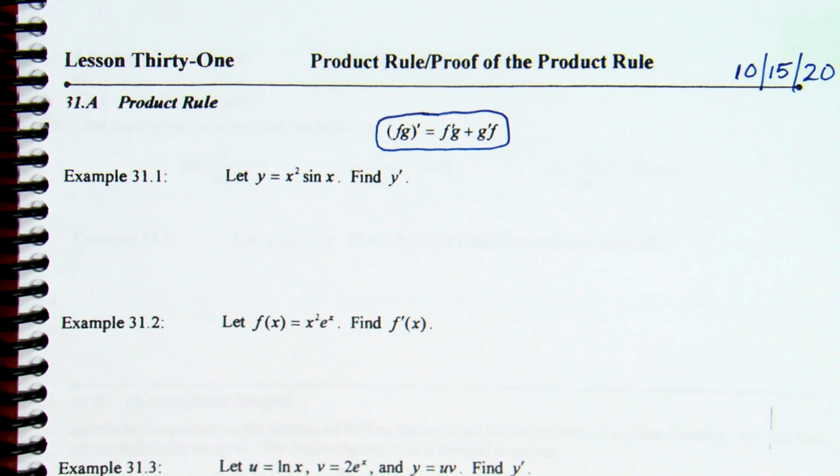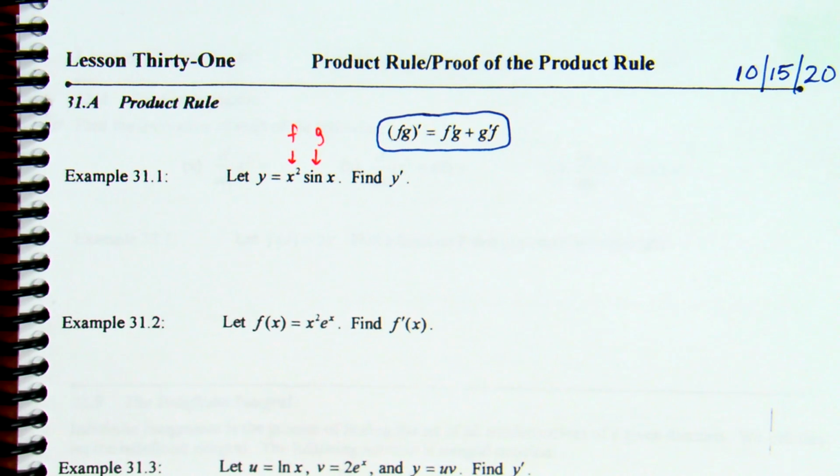Okay? So in our problem here, where y equals x squared sine x, this x squared is one of these, so you could call it f, and the sine x is the other one, so that's like the g. Take the derivative of one, keep the other. Then since it's product rule, we're going to add, and then just reverse the situation. Okay? So let's try it.